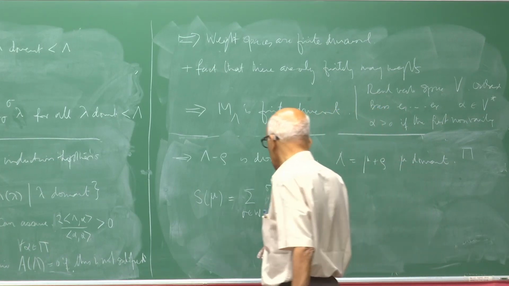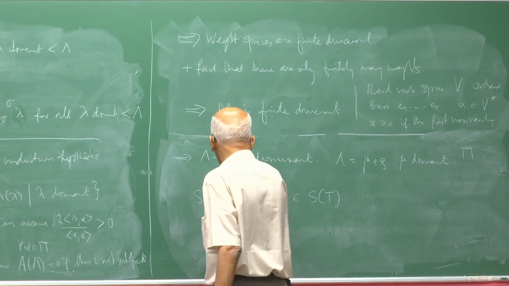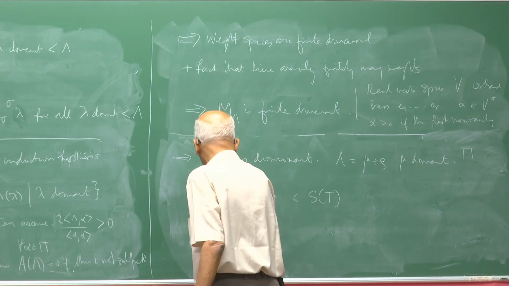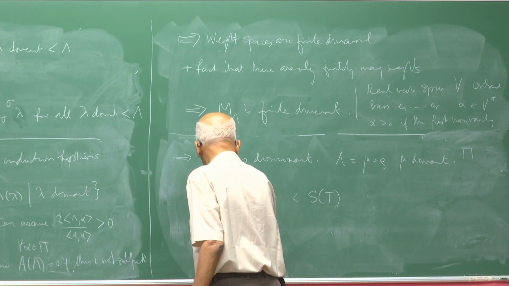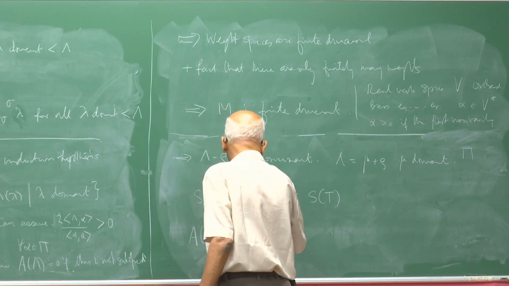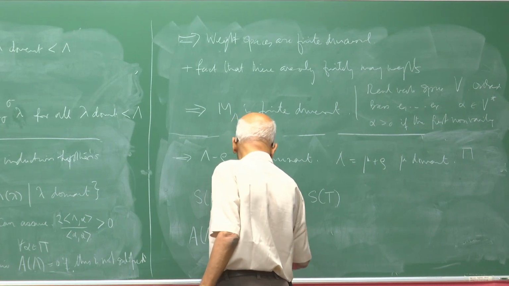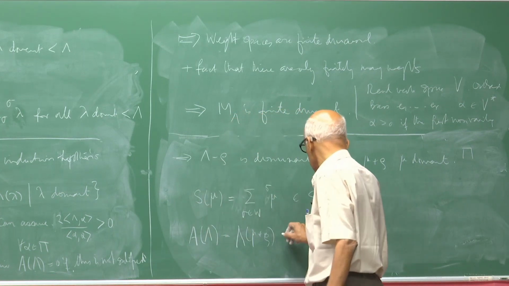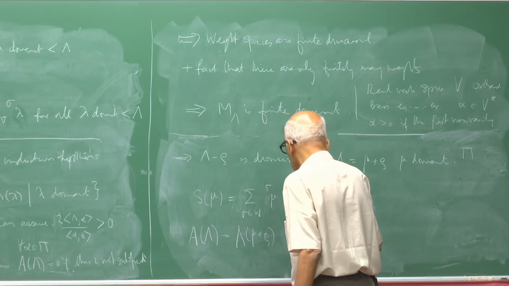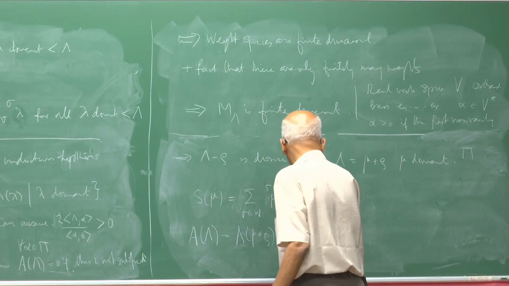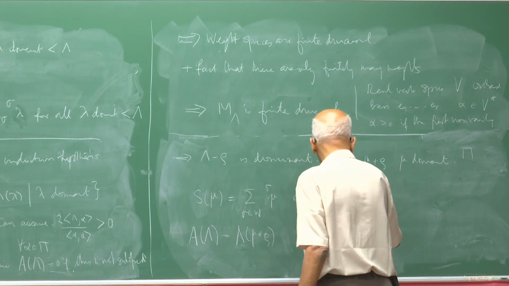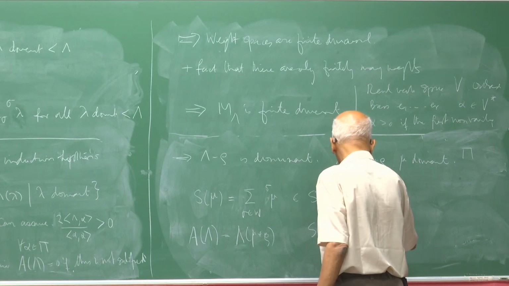And let us see what happens to AF lambda, which is AF mu plus rho, which is, now let us compare this with S mu times A rho, which is delta.